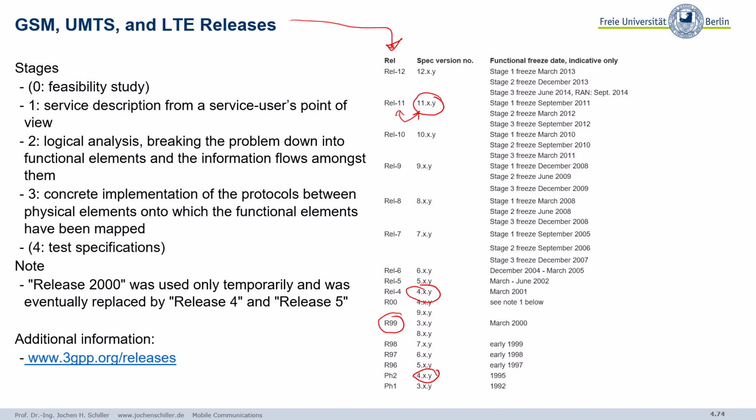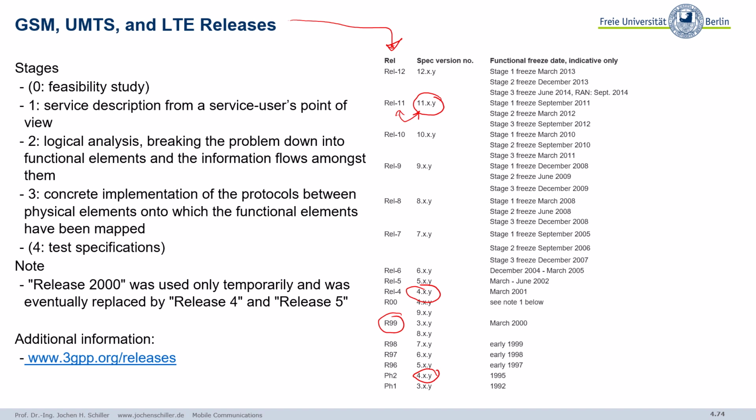So we fit this idea of a new service into the architecture. In stage 3, we already have concrete implementations of the protocols of the different elements. So this is the mobile device and this is the antenna, and to offer this 1 gigabit per second we need this and that modulation scheme and coding and encryption and whatever there is.